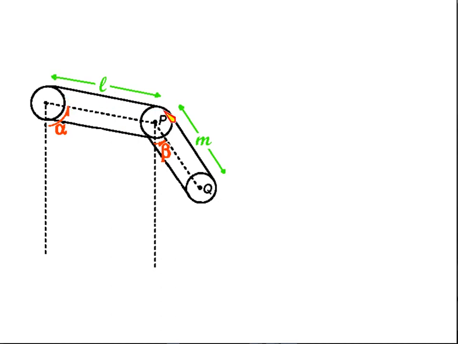By this length L and the angle alpha, okay? Attached to this, with the possibility of having any possible angle beta, you have this forearm and this hand effector Q here, okay?